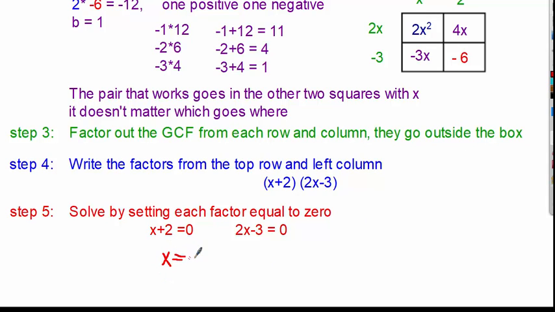I'm not showing, but it changes sign. This guy's got a couple of steps. I do have to add 3 to both sides. That's going to make it positive, and then divide by 2. So x could also equal positive 3/2.